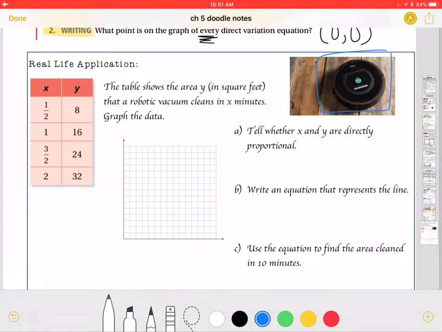What it wants us to do is first graph the data. So our X is our time, it's our minutes. So I'll label that. And then our Y is our square feet or our area. So area in square feet. So we're going to go ahead and we are going to plot these points.